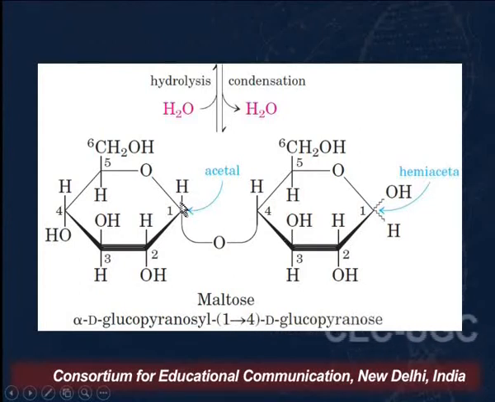Quickly, an acetal carbon is attached to two ether groups, whereas a hemiacetal carbon means that the anomeric carbon there is attached to one alcoholic group and one ether group.